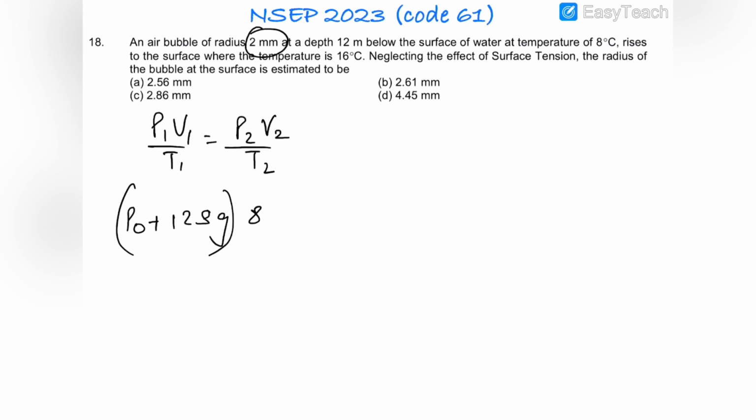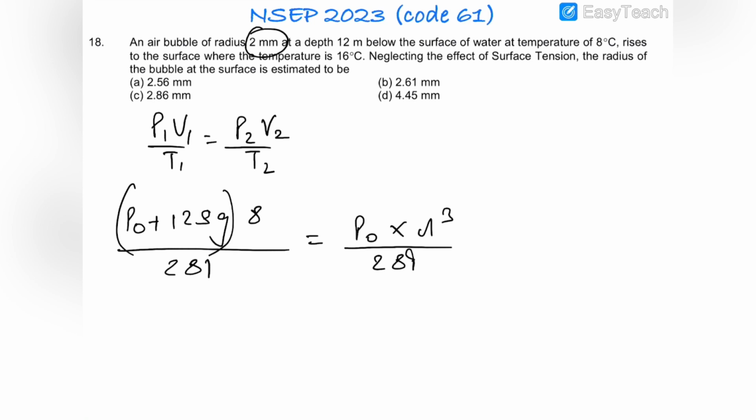And therefore P1 V1 by T1, T1 would be 8 degrees Celsius, which means we have to convert it into the Kelvin scale. So 8 degrees Celsius would be equal to 281 Kelvin. And it would be equal to the pressure at the surface, which would be P0 into r cube, which is the radius which we have to find out, divided by the temperature. The temperature on that surface would be equal to 289, since 16 degrees Celsius is 289 Kelvin.